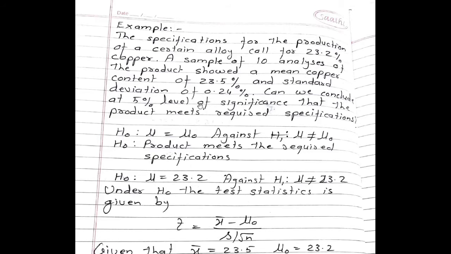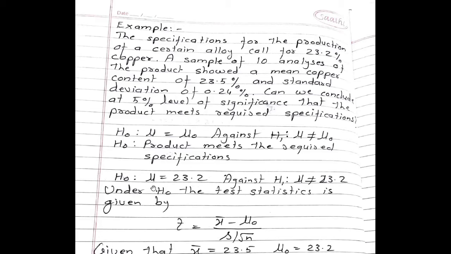Can we conclude at 5% level of significance that the product meets required specifications? So H naught in notation can be written as mu is equal to mu naught against H1 mu not equal to mu naught. H naught in words: product meets the required specifications.